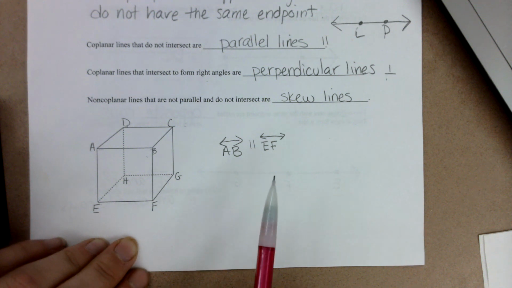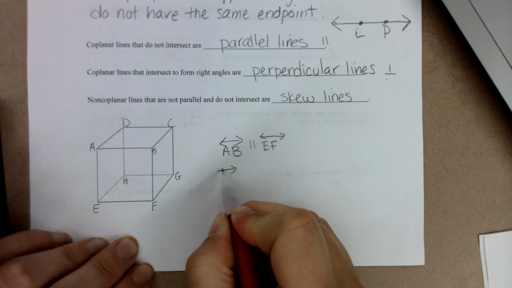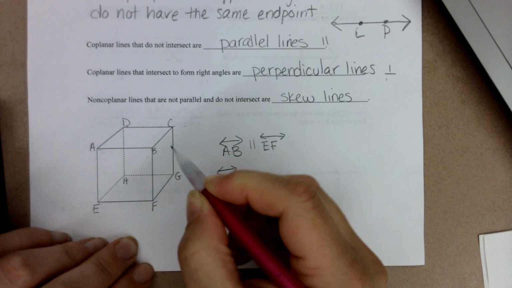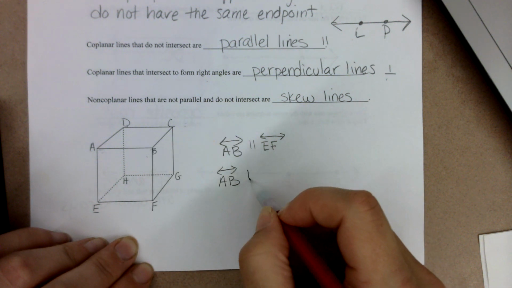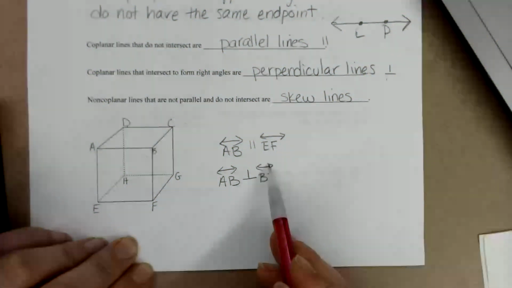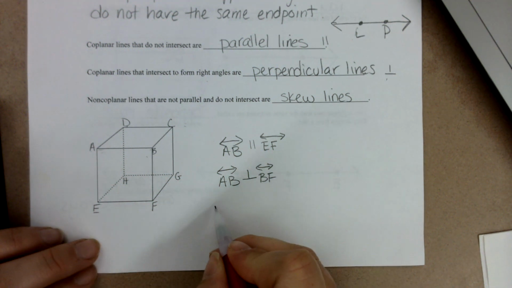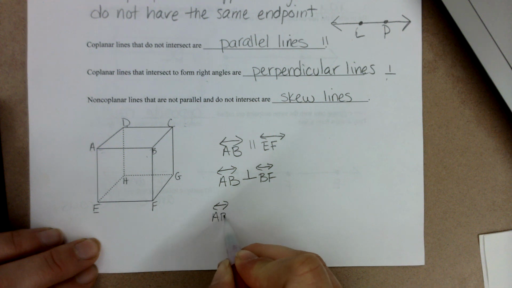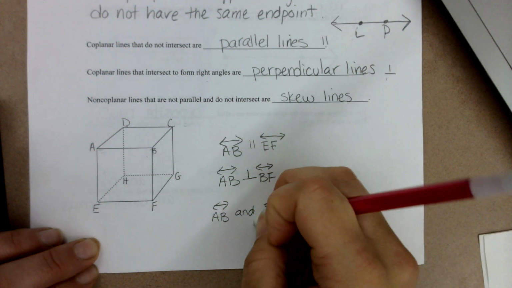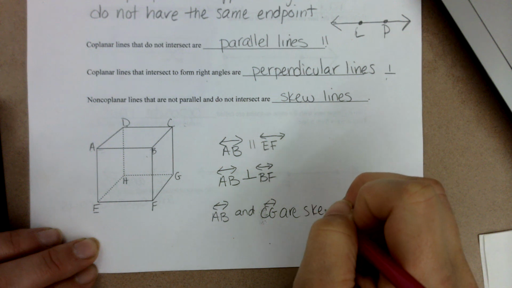An example of perpendicular would be line AB is perpendicular to line BF. When you write a line, it's a line on top with the arrows on both sides. And then line AB and line CG are skew lines.